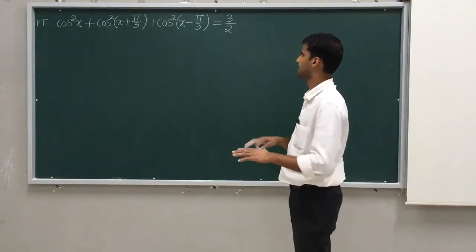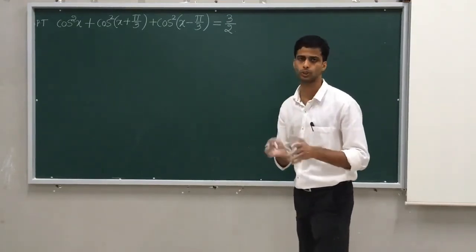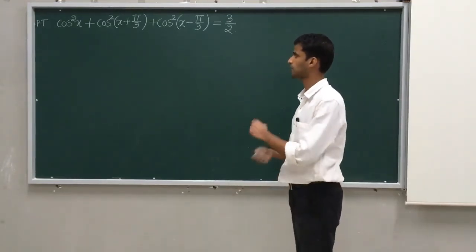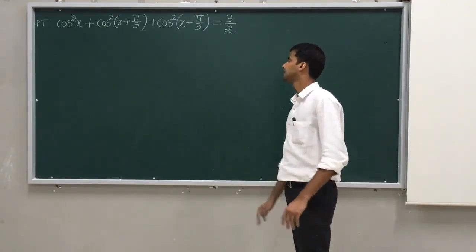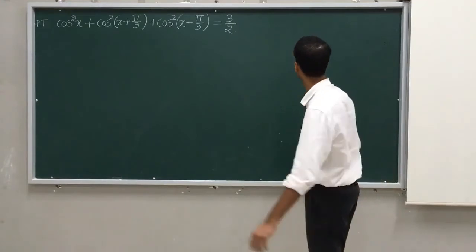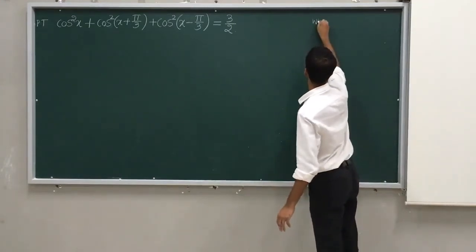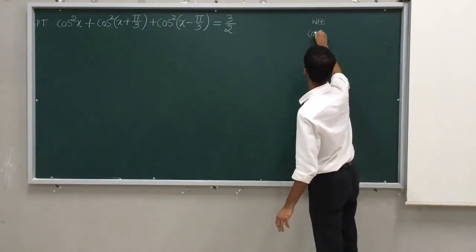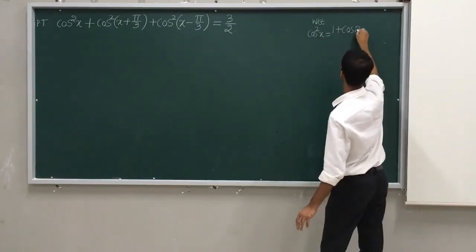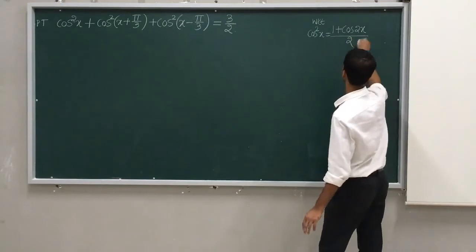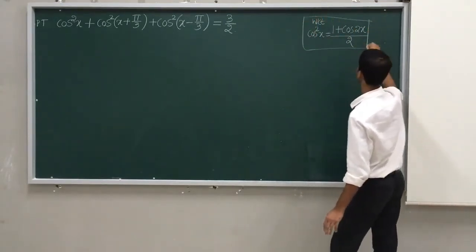One speciality is that inside, all terms are cos only. The first angle is x, the second angle is x plus pi by 3, the third angle is x minus pi by 3. We know that cos square x can be written as (1 plus cos 2x) by 2. And we make use of this result in proving this.